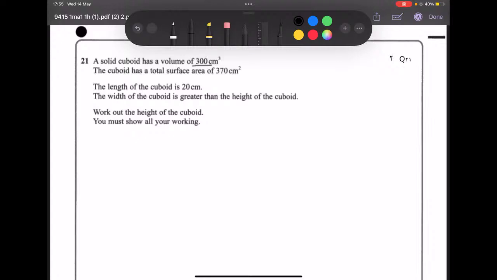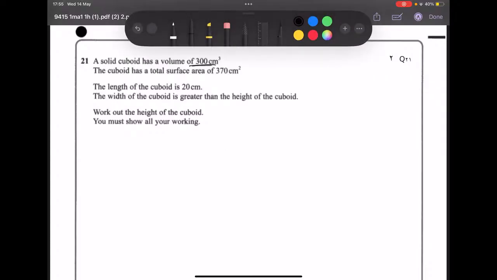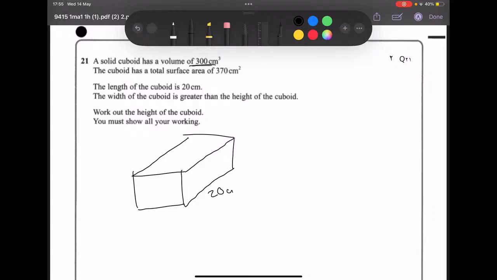Now, question 21. A solid cuboid has a volume of 300 centimeters cubed. So far, this looks like a pretty straightforward question. We should draw it out. A solid cuboid has a volume of 300 centimeters cubed. It has a surface area of 370 centimeters squared. The length of the cuboid is 20 centimeters.